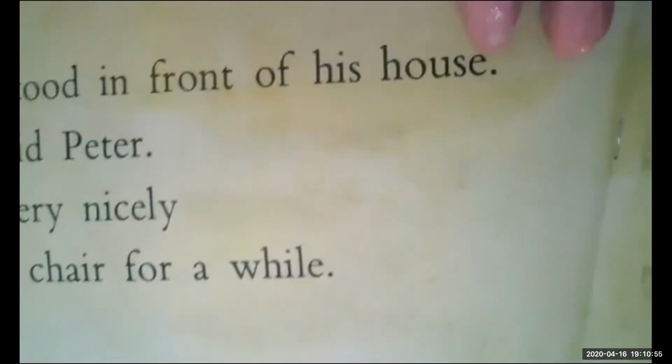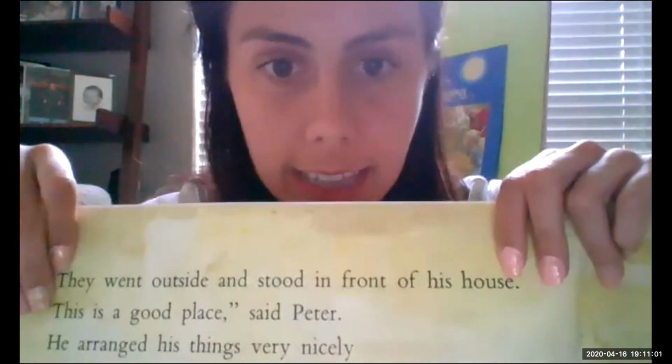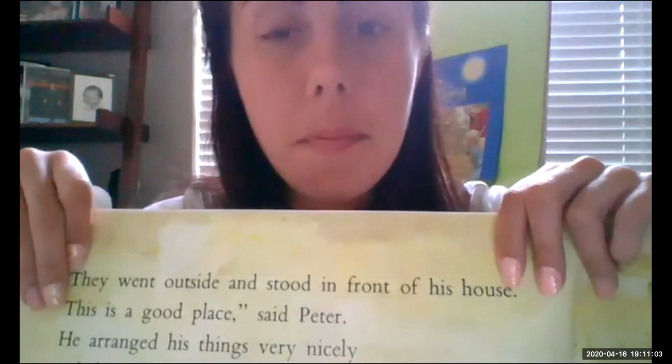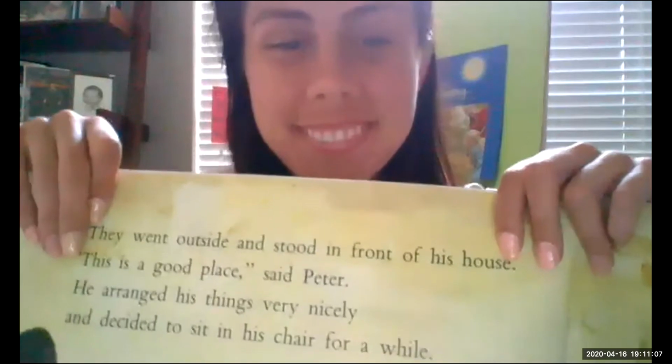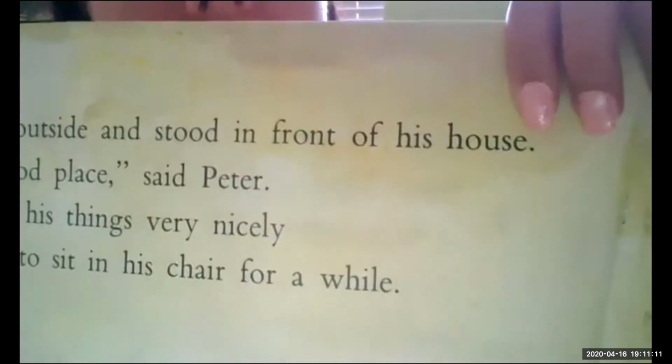What does it look like to you? It looks like a dot. An ending mark that looks like a dot is called a period. Can you say period? At the end of a sentence, you put this dot or this period to show that you're done with your thought.